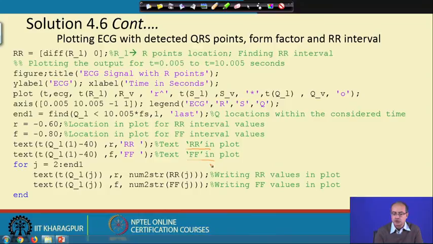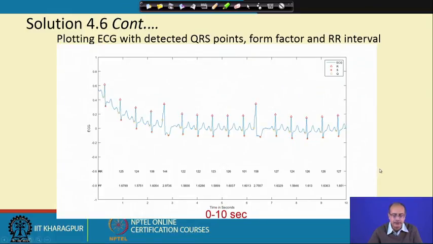Okay. So, we are writing the values of the RR and the FF there. So, let us proceed to see the output which will help us to understand what we are doing.